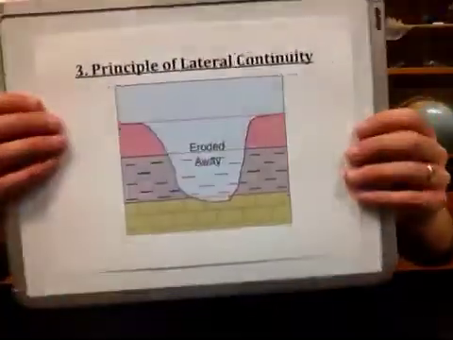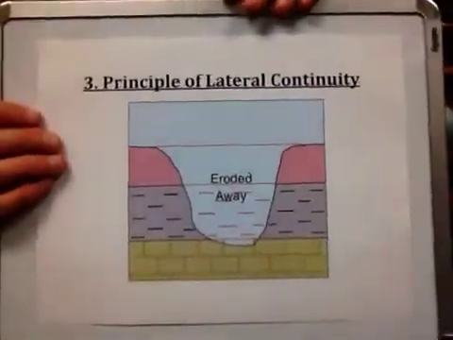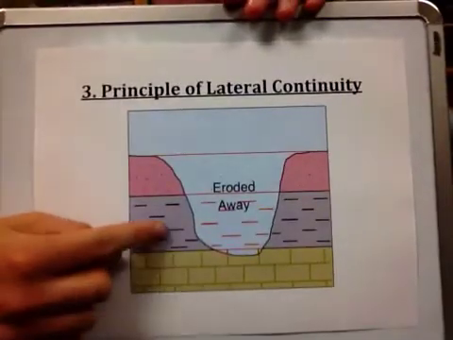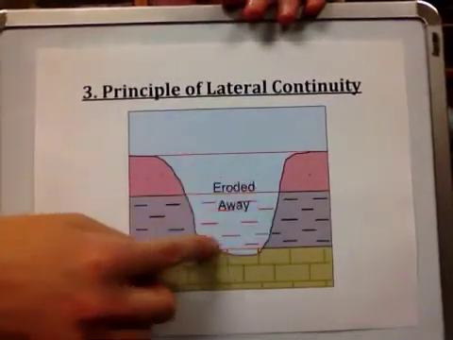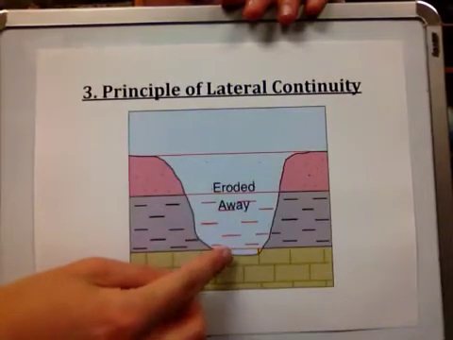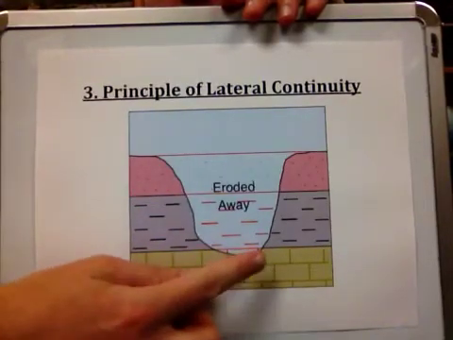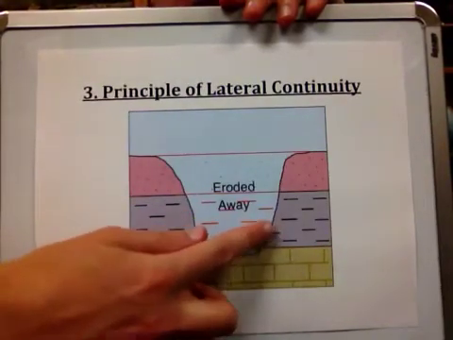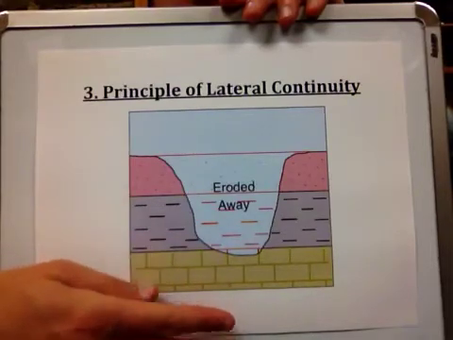In our next principle, we have what is called lateral continuity. Here we have three layers of rock. We have a valley, and let's say we're standing in the valley, and we evaluate the rocks on each side of the valley, and we find that they have all of the same characteristics.